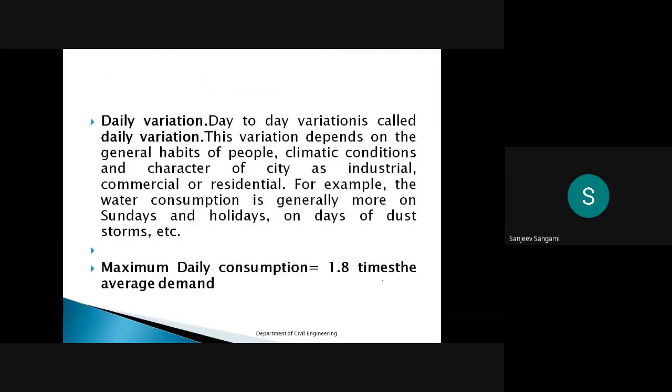Then daily variations. Day-to-day variations are called daily variations. This depends on the general habits of the people, climatic conditions, and the character of the city, whether industrial, commercial, or residential. For example, water consumption is generally more on Sundays and holidays. We know that on days of dust, this all we have to consider. Not only per day, you have to calculate Sundays and holidays also. In that case, for daily consumption it is 1.8 times the average demand.